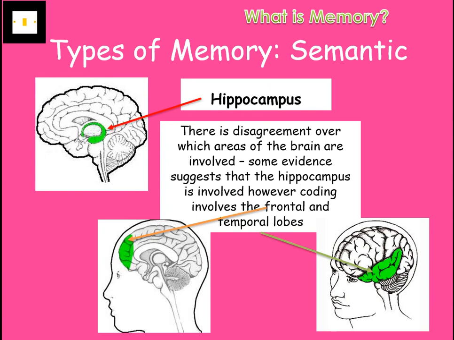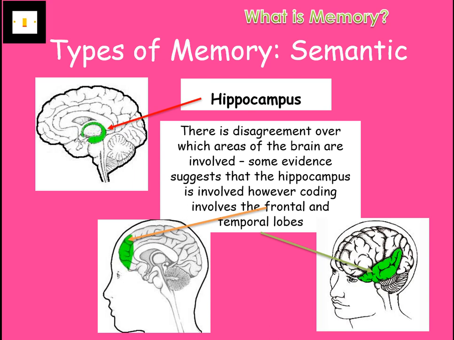Again, it's very difficult to pinpoint a part of the brain, but this is something that you might be interested in from having studied biopsychology last year and started looking at different parts of the brain. The part of the brain that's usually active when we're using our semantic memory is the hippocampus.